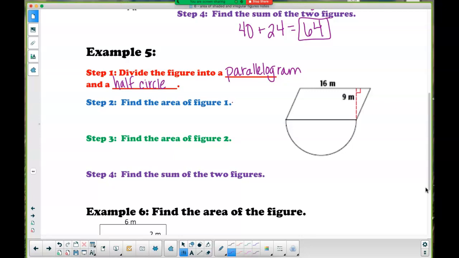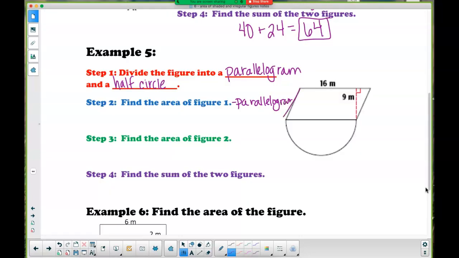So figure 1 being a parallelogram. This right here. How do I find the area of a parallelogram? Area equals base times height.